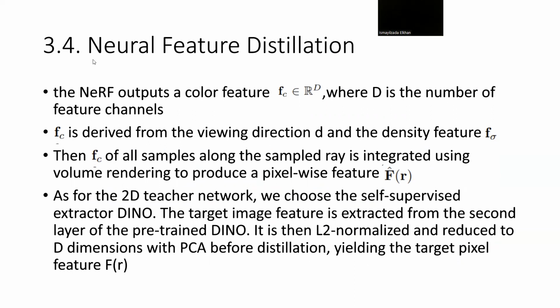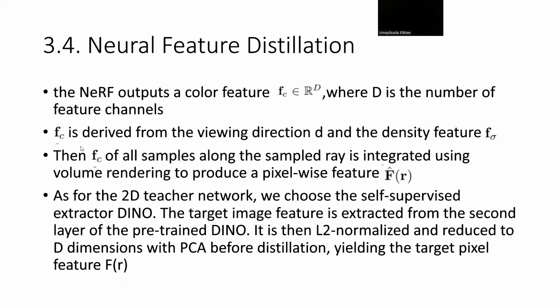What they did is they made the NeRF output a color feature, FC, which is a d-dimensional vector. And then they derive this FC similar to how you derive the color from the vector representation of volume density.